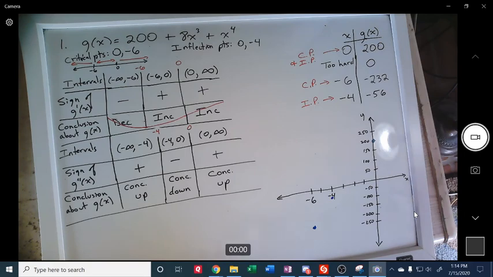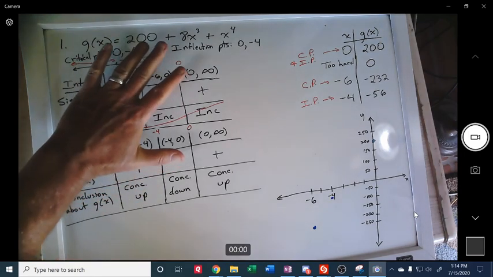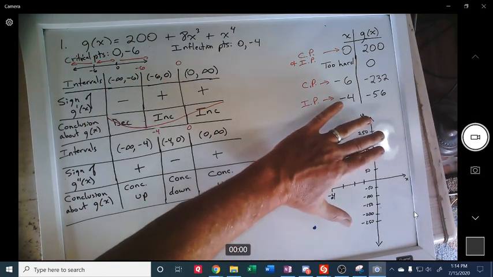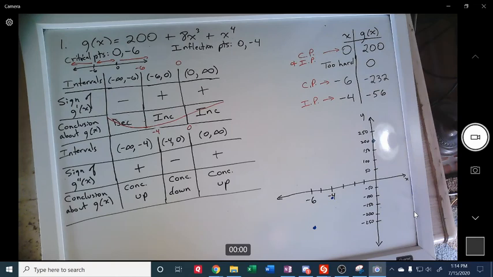Alright. Now, I need to incorporate all the information from this chart into how I connect these points and what I do after these points. And I'm going to pop out a few questions, and anybody can chime in with an answer.